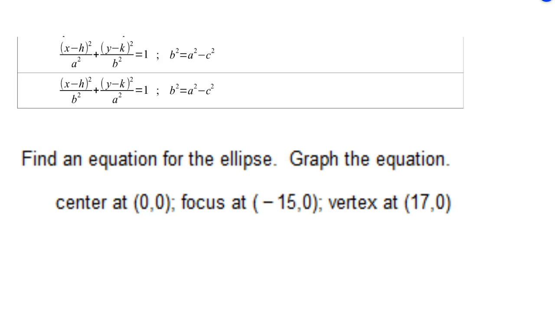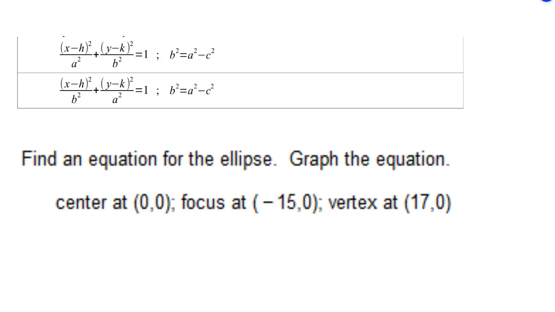We have a very similar equation here. The only major difference is the position of a² and b². In the first equation, a² is under the x term. In the second equation, a² is under the y term. Now that is what indicates to us which orientation the equation has.